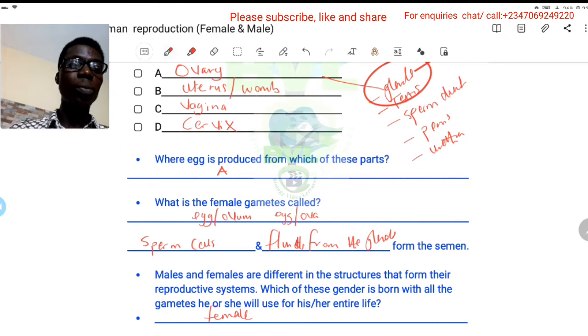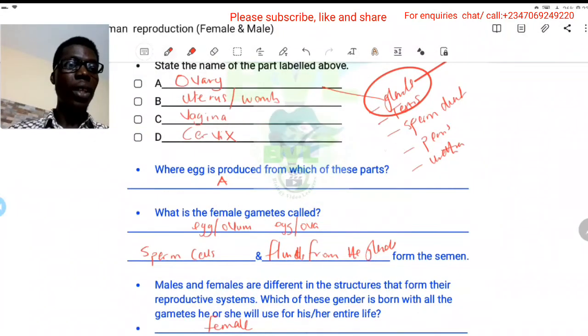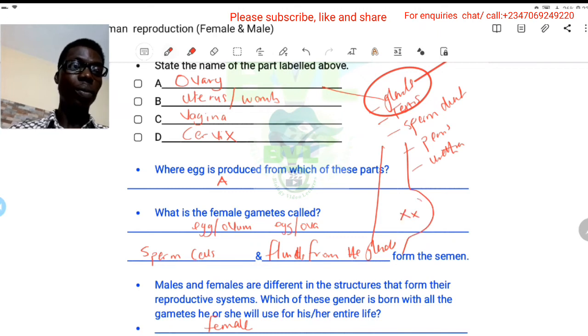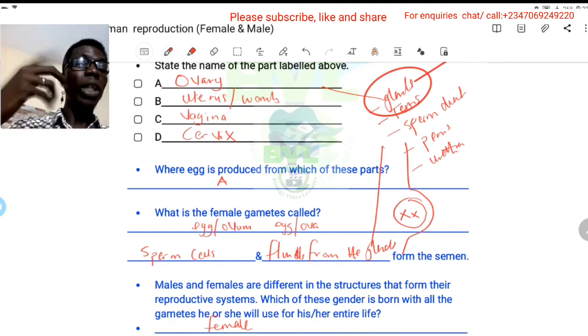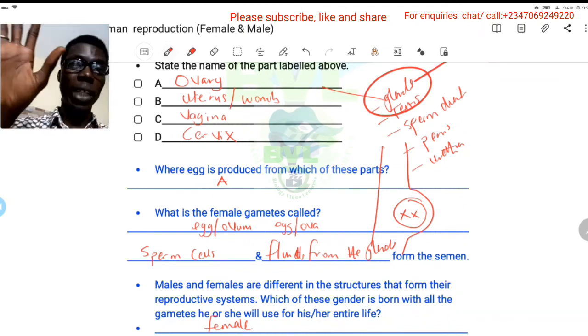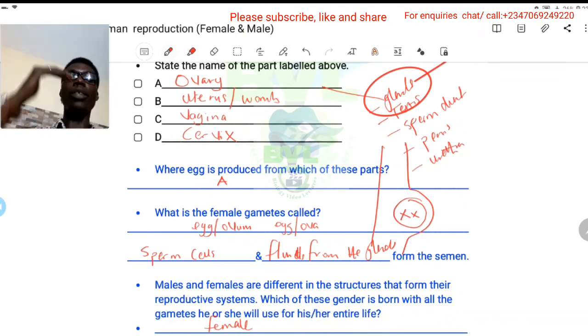Let me explain to you. If this is a woman and she's pregnant with a child, and this child is a female, that female fetus or embryo, or when the baby is born, already has all the eggs she will need. She is born with all the eggs. Those eggs are not matured actually, but they get matured at puberty.